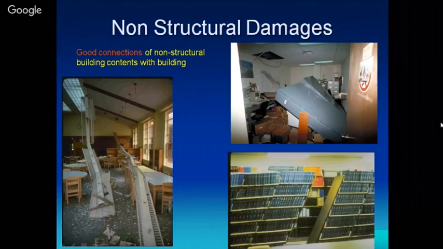They are tested on shake tables in IITs, mostly in IIT Roorkee, and then calibrated, evaluated, and then placed in the nuclear reactors.